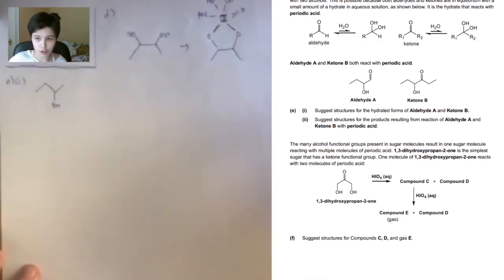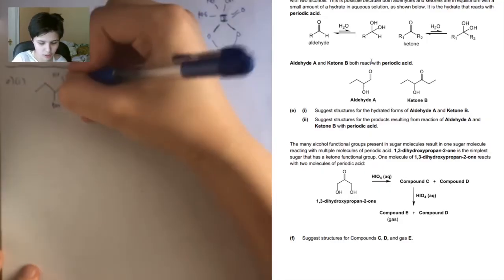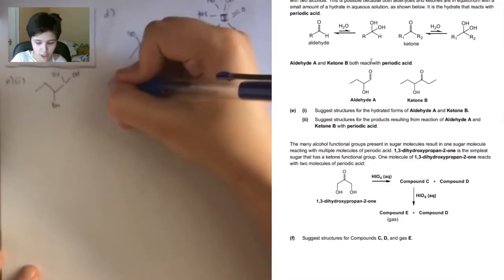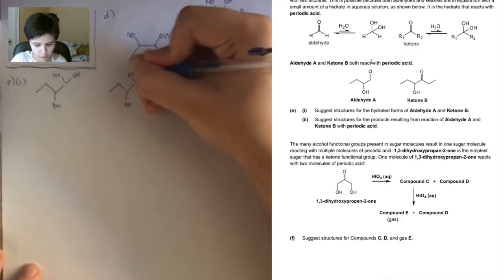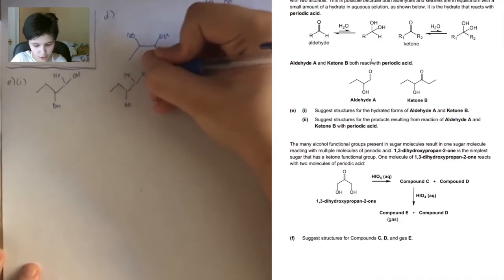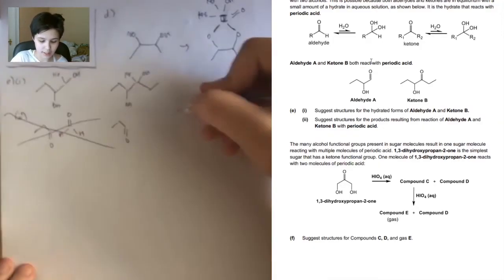The double bond O splits into two OHs, so we have OH, OH, and ketone B becomes OH, again splits into two OHs, OH, OH, and then continues on. In this section we're asked to apply the algorithm that we were taught before to these molecules.